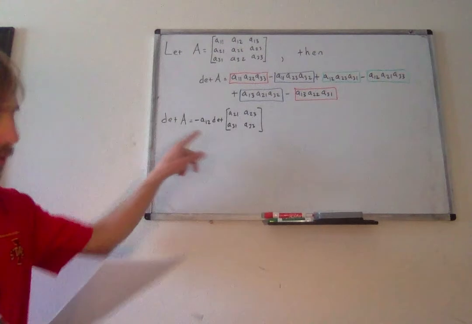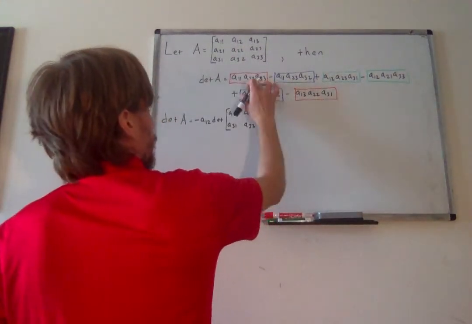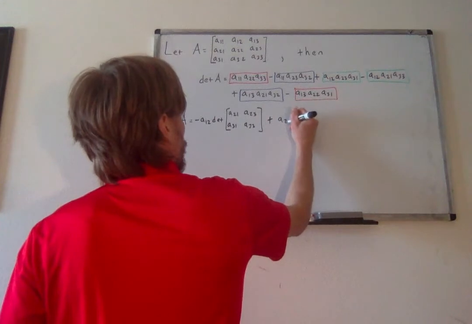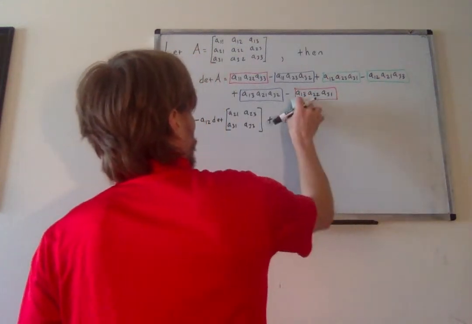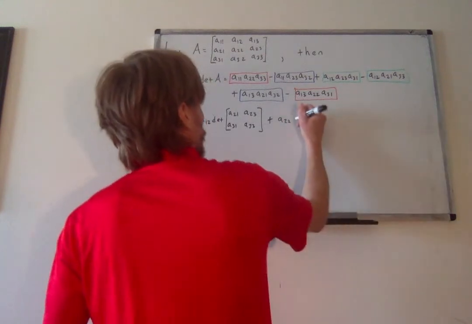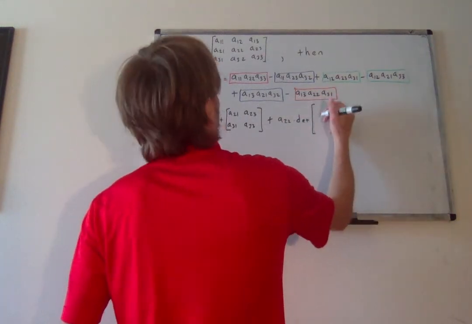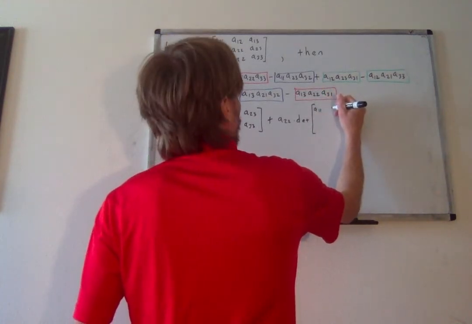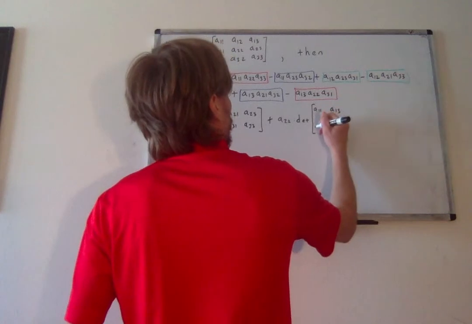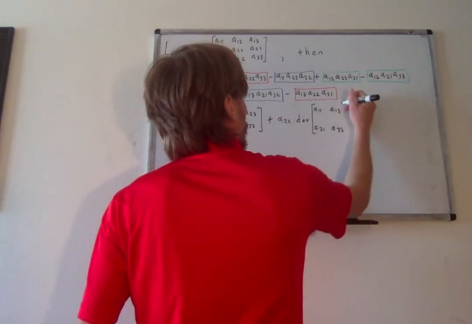All right, so next, if we look at these 2 terms, we can factor out an A22. And notice in doing so, I'm then multiplying by the determinant of the following matrix: A11, A13, A31, and A33.